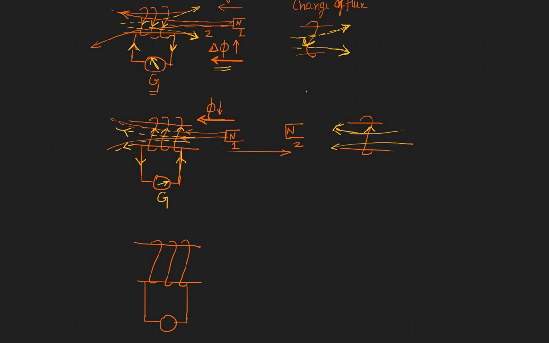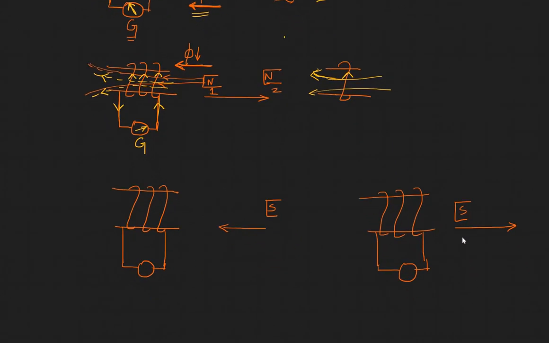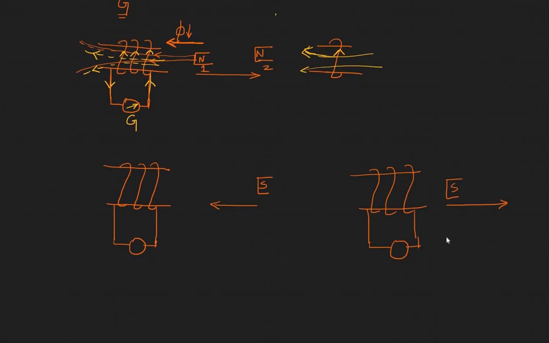The question is, let's say you have the south of the magnet and you are moving towards the left, and in the second case you have the same coil, but you are pulling that magnet towards the right. So I would urge you to pause the video and try to solve this question in your mind. So pause the video here.